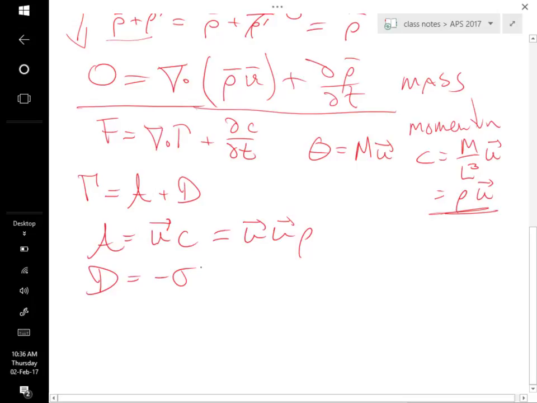Okay, that's just what we saw last time, and so that allows us to basically do the substitution. So we have F equals the divergence of the fluxes, which is the advection and the diffusion.